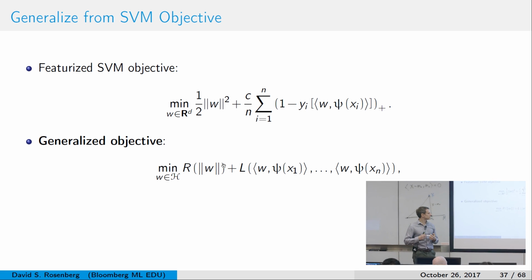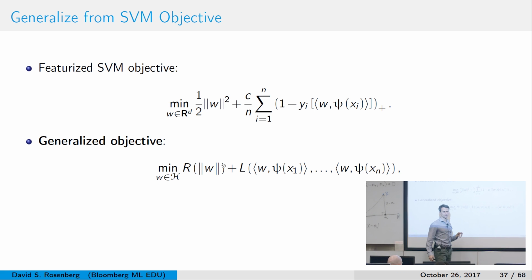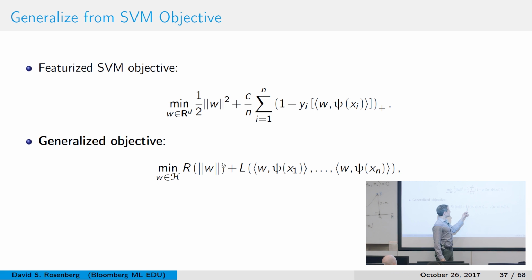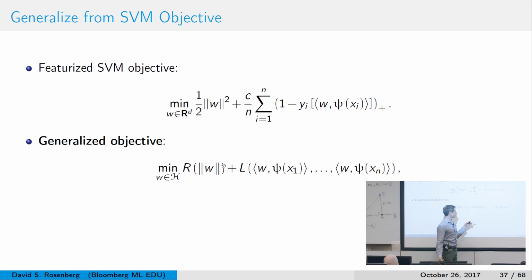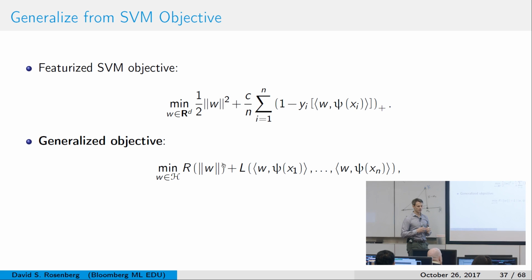F of x is equal to W transpose x, with this being the slight generalization with the feature vector. Good. So this is a very general form where L is some function of the predictions, where each prediction is given by this inner product. So we're restricting to linear methods here.